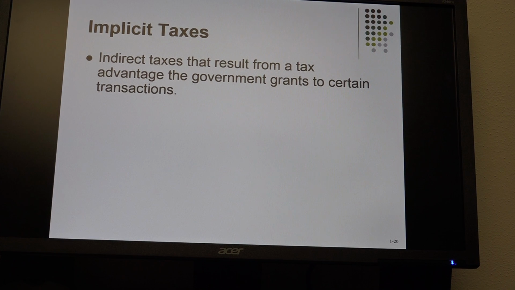And so for that reason, usually the issuer of the municipal bond, the municipality, can pay a much lower interest rate on the bond. And so the difference between that and what corporations have to pay on their bonds is considered an implicit tax.